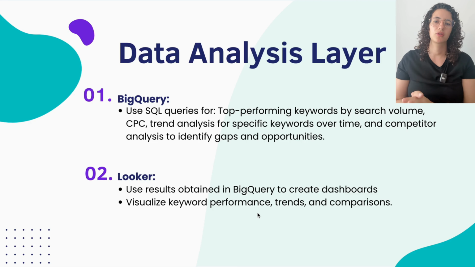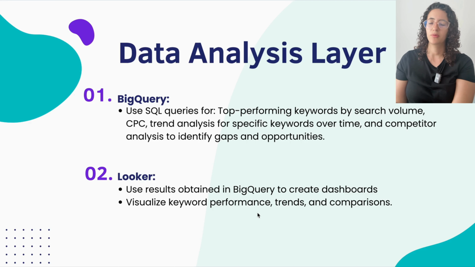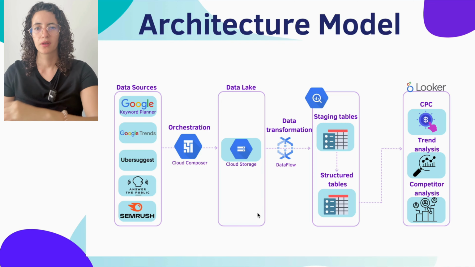We're going to be doing all of this inside BigQuery using SQL. And after we have our finalized tables, we're going to go to Looker and create some dashboards using all the key performance trends and comparisons that I had already mentioned before.